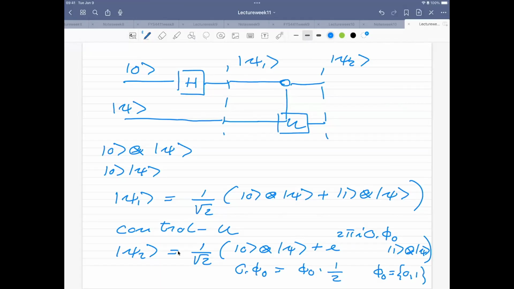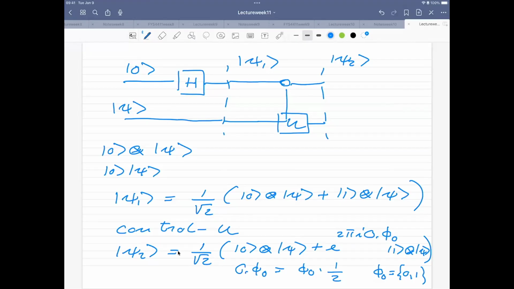We had this specific notation here, and in case of just one qubit, we would just have phi 0, and phi 0 could be 0 or 1. Okay, so this is just another way of writing the unitary transformation with this controlled U gate acting on 2 qubits.